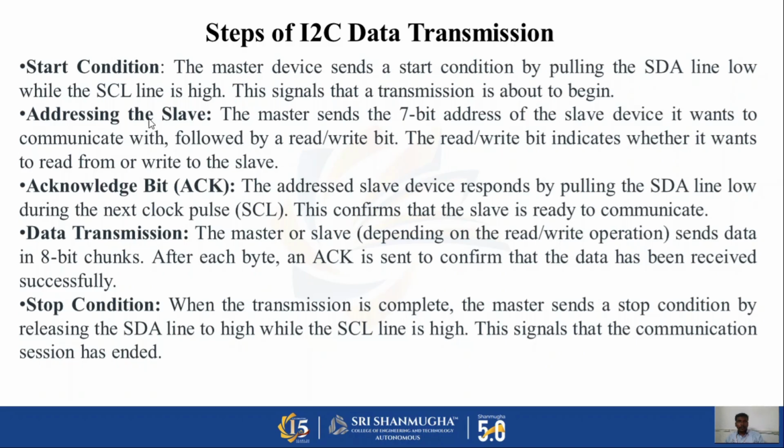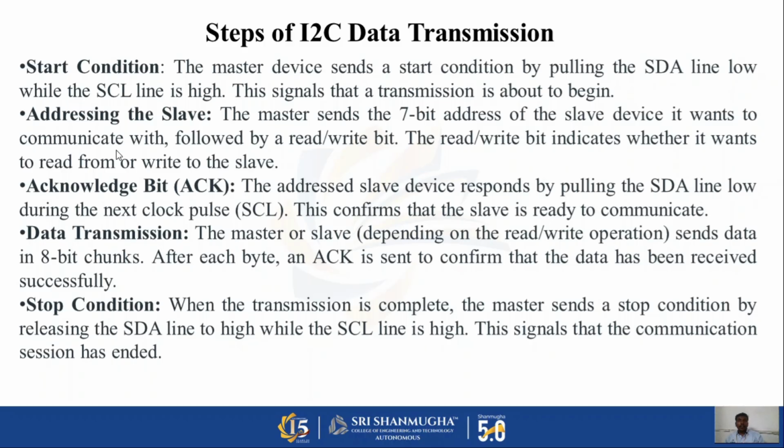The first step is the start condition. The master initiates communication by pulling the SDA line from high to low, while SCL remains high. This informs all devices that communication is about to begin. Next comes address transmission. The master sends the address of the target slave device.